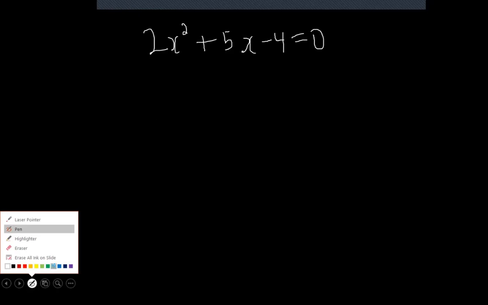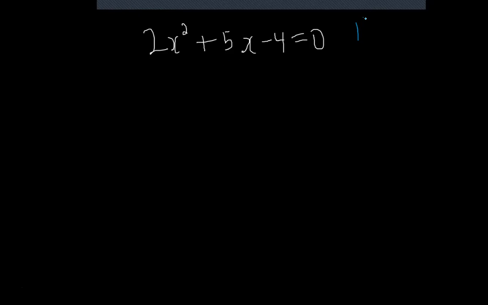So let's do a quadratic we already did. 2x squared plus 5x minus 4 is equal to 0. Step 1, step 2, step 3 remain the same. So step 1, make sure it's set equal to 0.